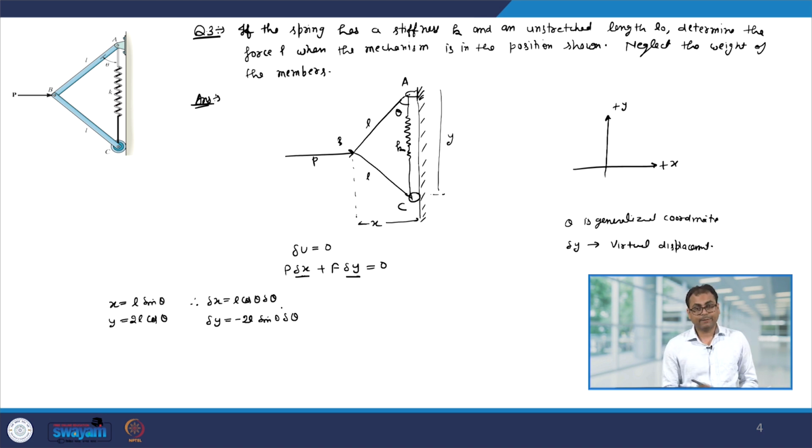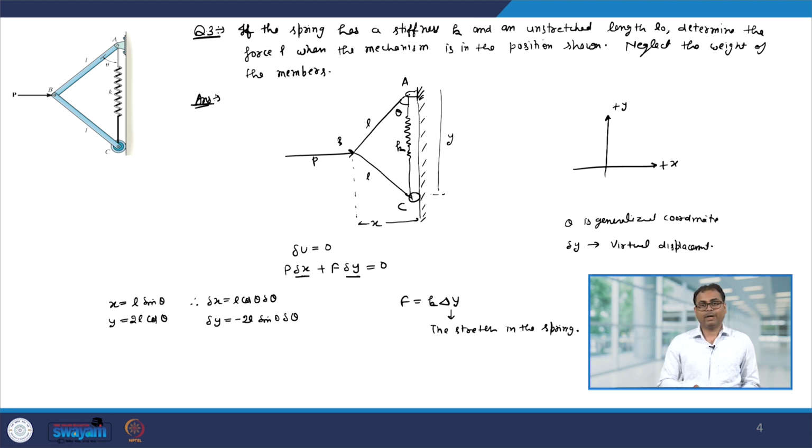Now, in the question statement P is mentioned, so P is given. The spring force is not given, so let us write down what the spring force is here. F equal to K times delta y, where this delta y is the stretch in the spring.